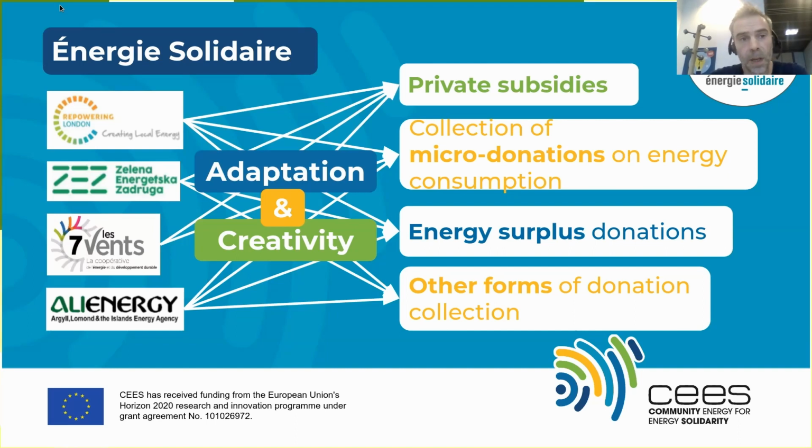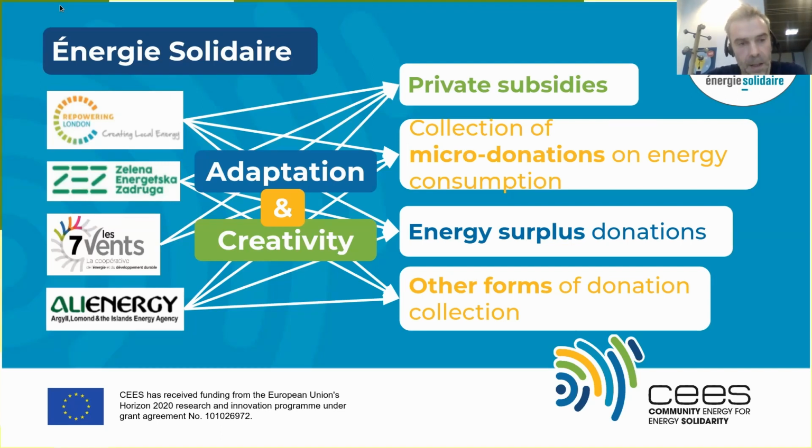So that's what we've started to do, and to provide our expertise in order to implement the micro donation system, the energy surplus donations, other forms of collecting donations, because there's loads of ways of doing so, and we have quite a bit of experience in that, and of course continue trying to collect private subsidies.